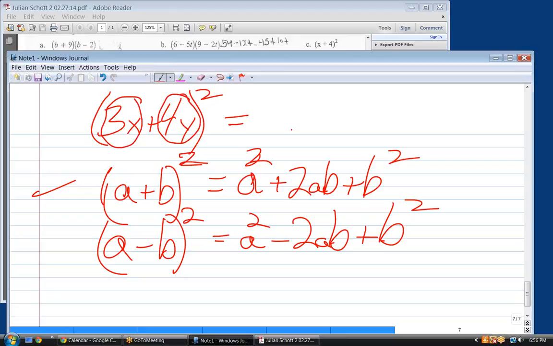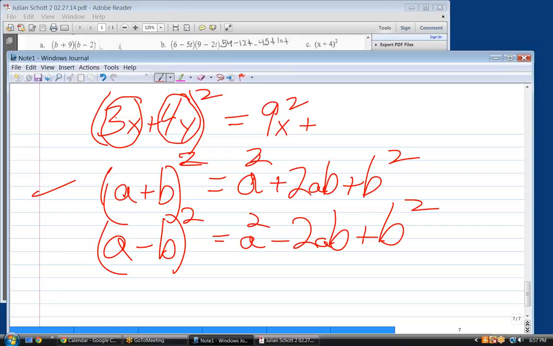Yeah. So now what is A squared? 3x. 9x squared. Oh, 9x. We have to square 3x. Okay. And what is the middle term? What is 2 times A times B? 6x.